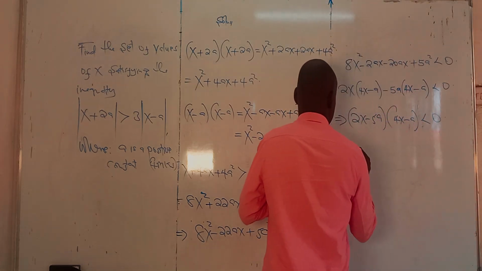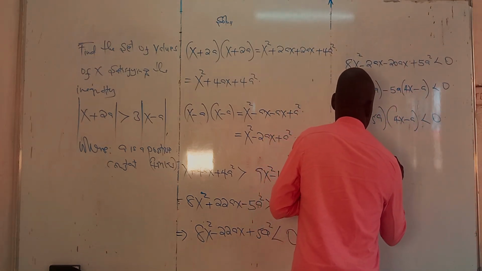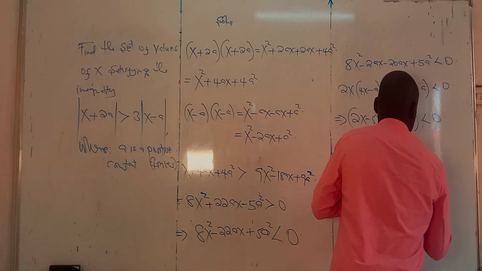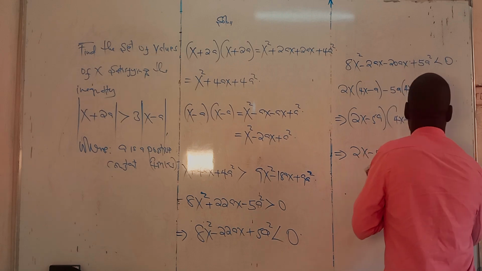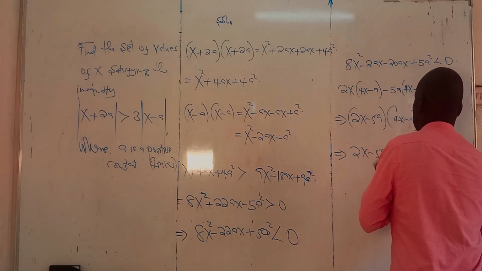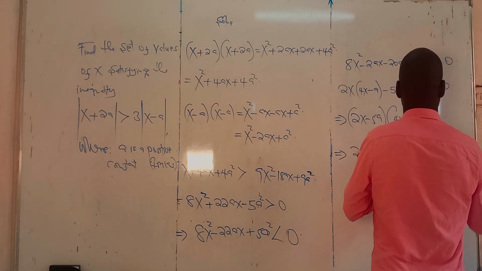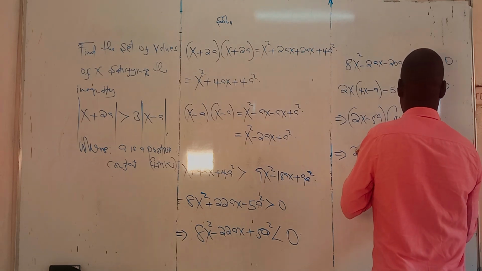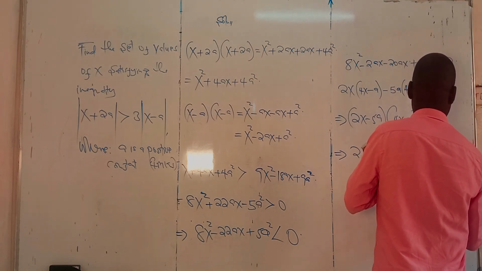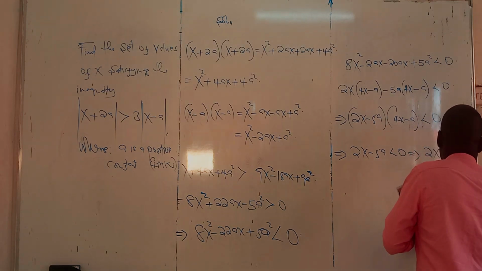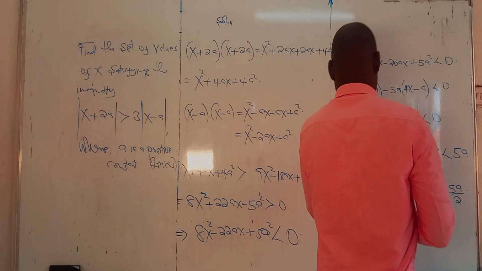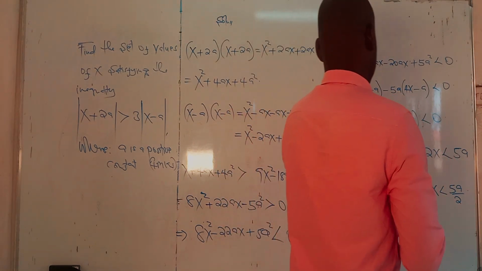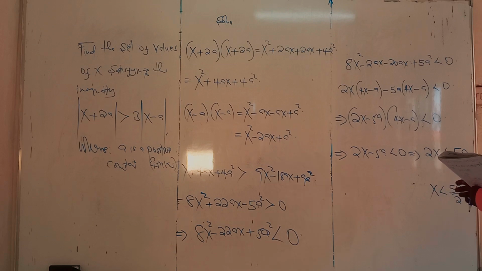If we take this case, 2x minus 5a is less than 0, and that should mean that 2x is less than 5a, and therefore x is less than 5a over 2. If we say strictly equal to, then we'll have x is equal to 5a over 2.